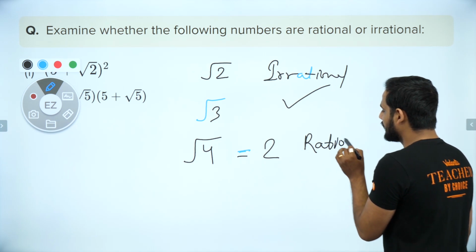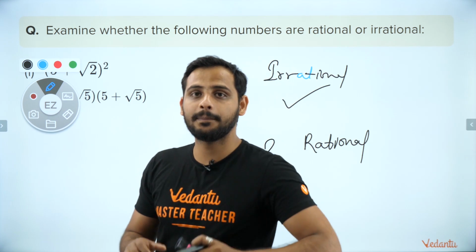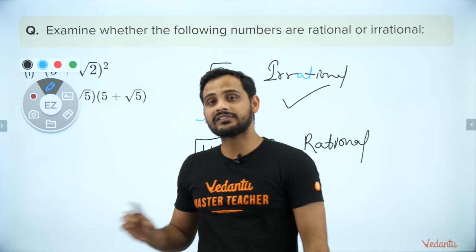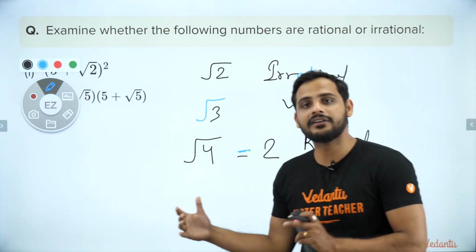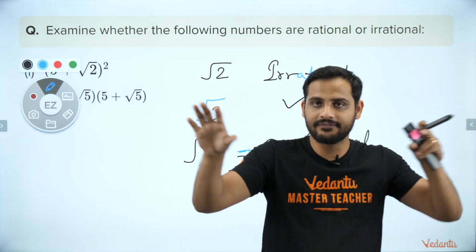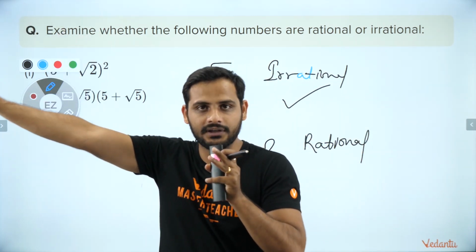So what do we learn from here? Inside a square root, we should not have a perfect square. Inside a cube root, we should not have a perfect cube. The perfect power should not exist. That means when we prime factorize, we should not be able to make complete pairs and send everything outside the square root.